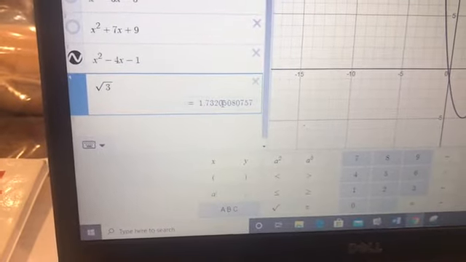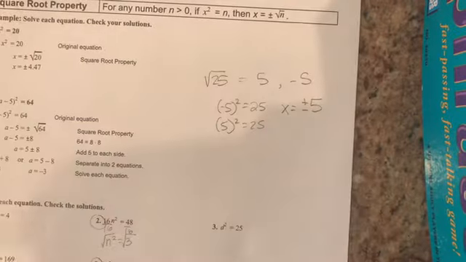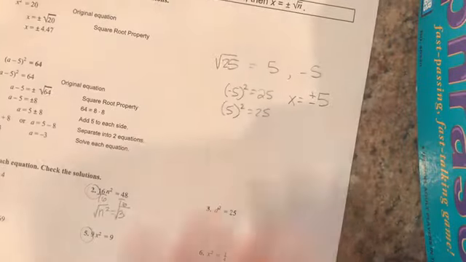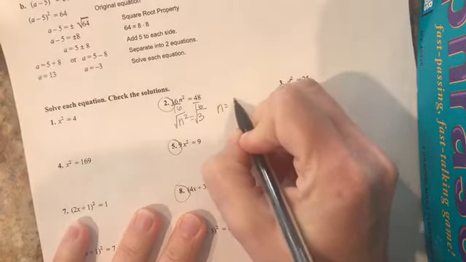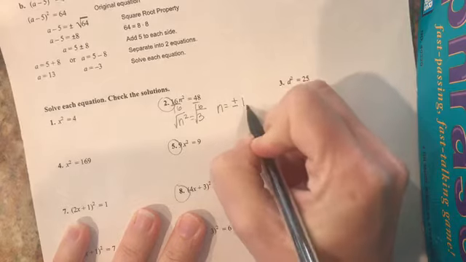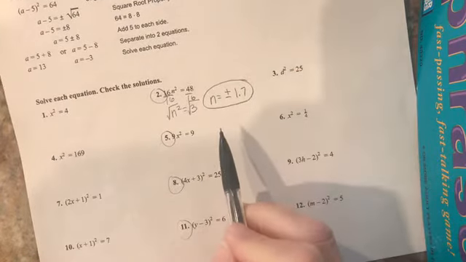I'm just going to have you round to the nearest tenth, so 1.7. Now remember, you want to include the positive and the negative. So for the square root of 3, you can write n equals positive negative 1.7. And that's your answer. If you want to circle your answer, you can.